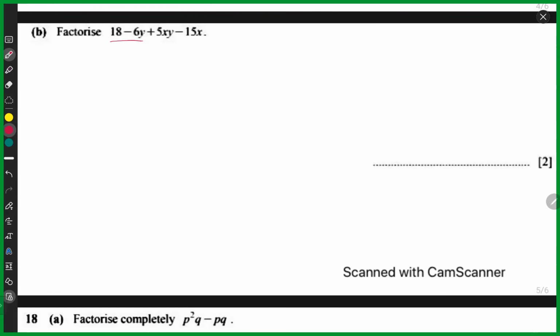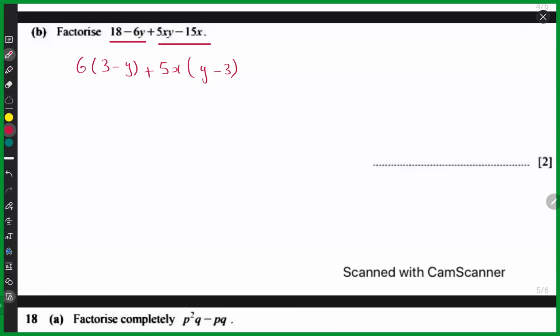So I'll make pairs, these two numbers and these two numbers. And I can write it as I'll take 6 common and I would get 3 minus y. And then I will take 5x common and I am going to get y minus 3. Okay.